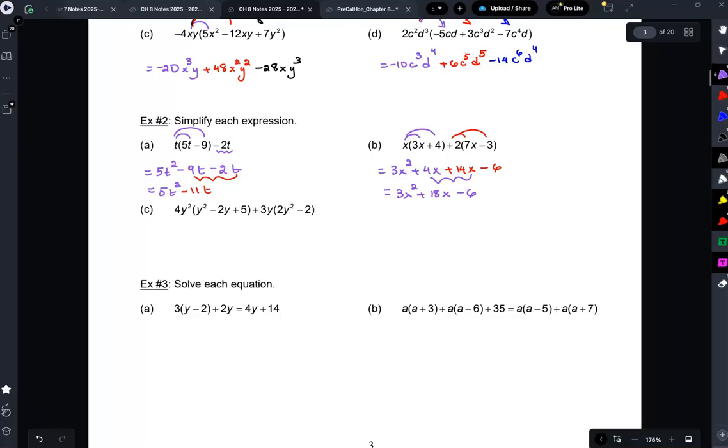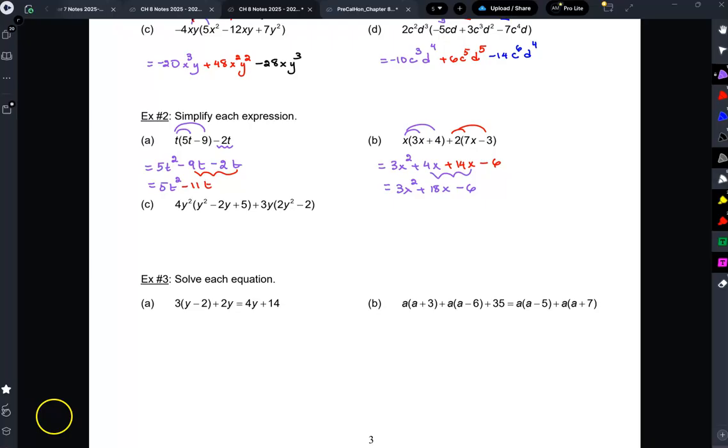Okay, let's take a look at this one. First, I distribute the 4y squared. So 4y squared times y squared, 4y to the 4. 4y squared times negative 2y, negative 8y cubed. Times 5, 20y squared. 3y times 2y squared, 6y cubed.